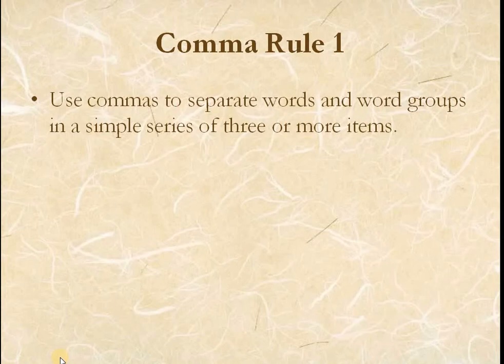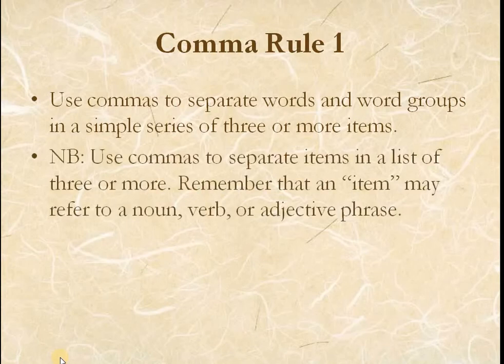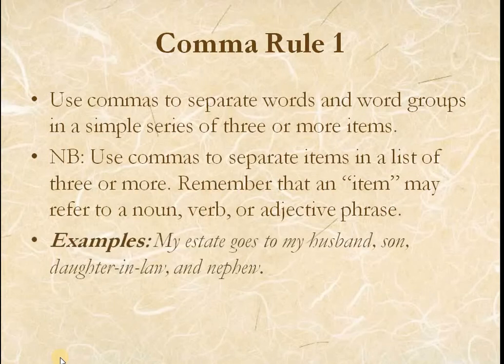And so when you're reading, you're not just calling words, but you're seeing each item separately. Remember that when we talk about items, an item can refer to a noun, a verb, or an adjective phrase. So bear that in mind as we go on.